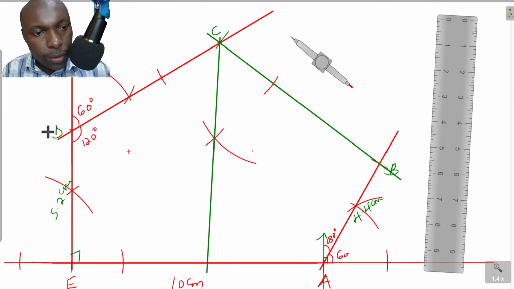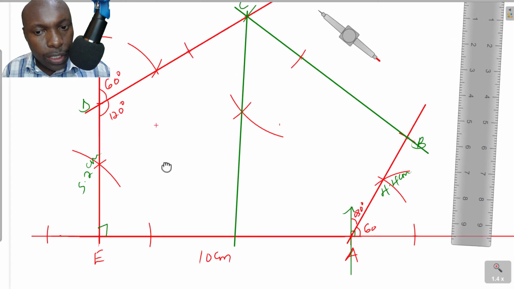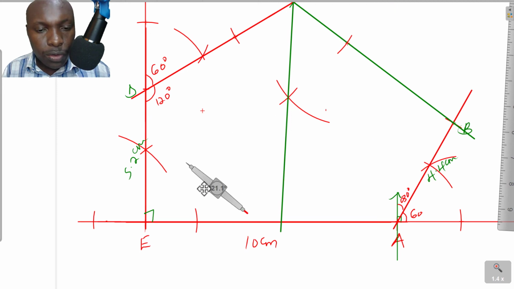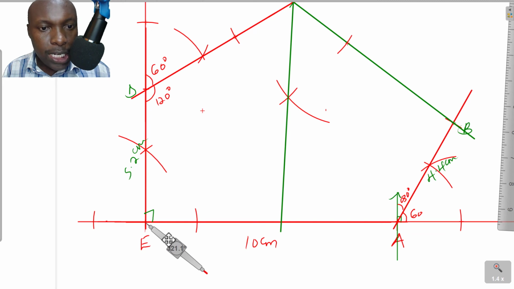So let me bring this closer here. You can see where we have line ED. We need to construct the perpendicular bisector of that line ED.